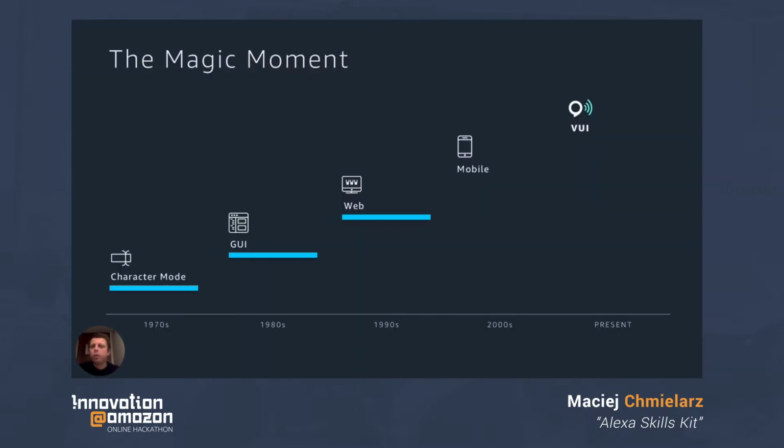And if you look on how people interacted with computers over last, let's say, 50 years, there is like a constant development in that. So we started with character mode, where we interacted with computers using text. Then came applications using graphical user interface, GUI.